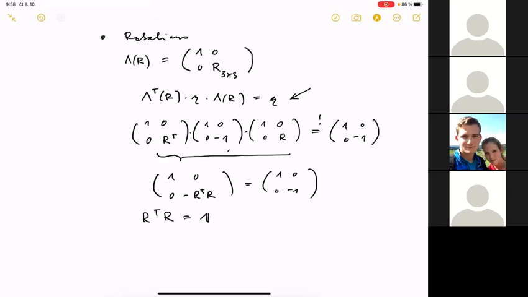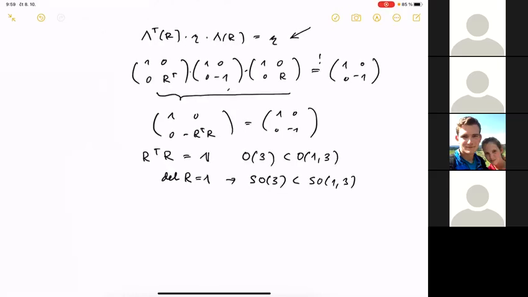This is the 3 by 3 matrix. And this is nothing else than the definition of the rotational group O(3). So this rotational group is a subgroup of our homogeneous Lorentz group. And if we prescribe the determinant of R equal to 1, which corresponds to SO(3), we see this SO(3) is a subgroup of SO(1,3). That means the proper Lorentz group.